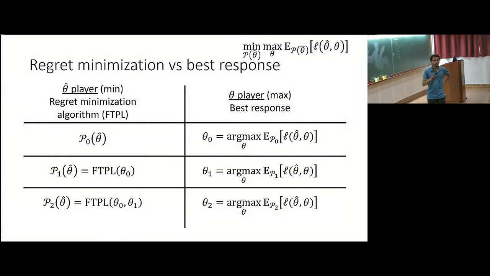So I don't really explicitly need to compute P1. All I need P1 for is to be able to do this thing, and for this, I have an expectation over something. As long as I'm able to sample from P1, I can compute this theta 1. The only reason I need P1 is to be able to compute theta 1.